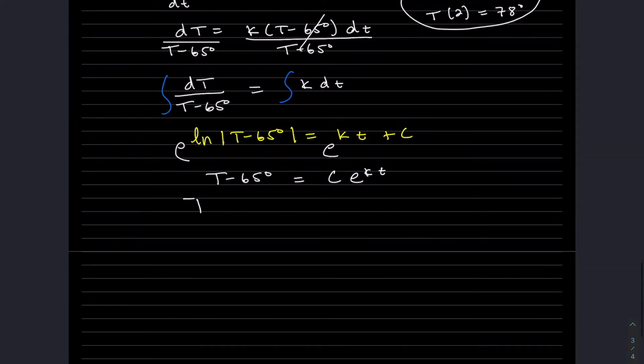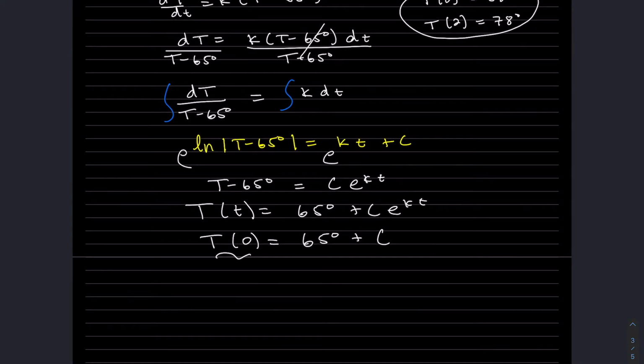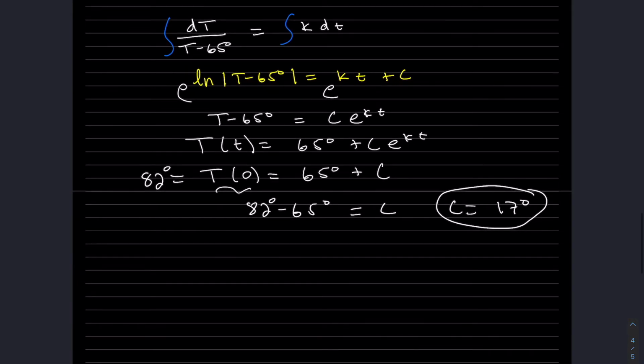If we want to write our equation, this is T of t equals 65 degrees, and that'll go to 1. And T of 0 is equal to 82. So we have our C. Let's write out our formula.